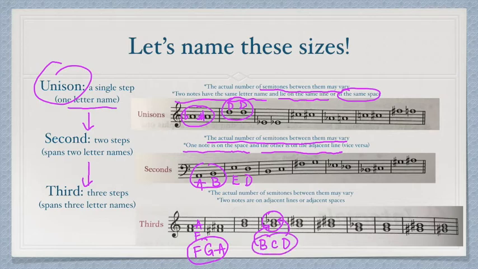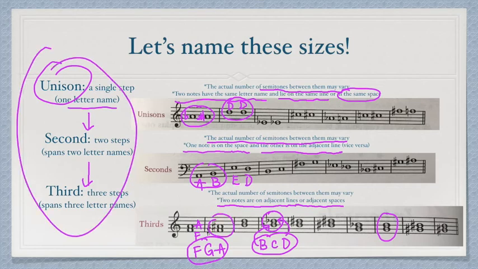How to recognize a third is by saying the two notes are on the adjacent lines or adjacent spaces. Like those two notes are lying on the adjacent lines and those two notes are lying in the adjacent spaces. All of those can either be written as harmonic intervals or melodic intervals.